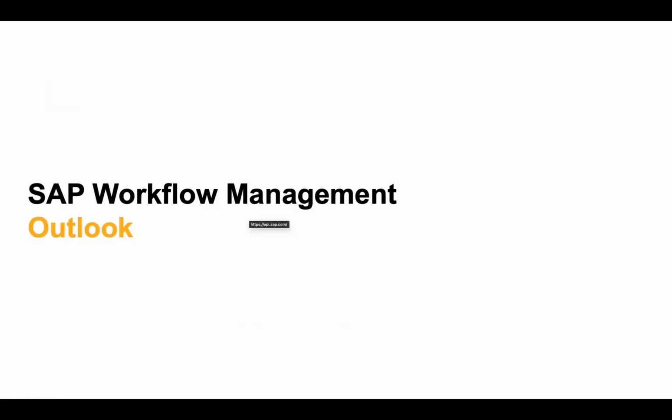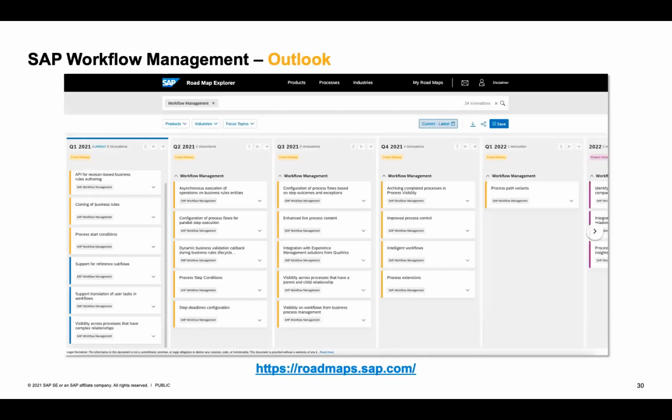We are almost at the end of the official part of the session. I've only got the slides for the outlook, and afterwards I can go through the remaining questions that we have. Here you see a link to roadmaps.sap.com. That's a page where you can find out about planned product changes, planned new features and so on.